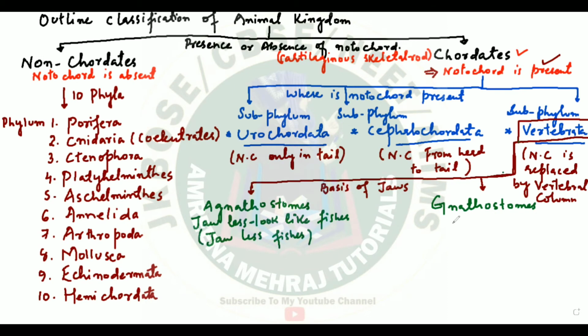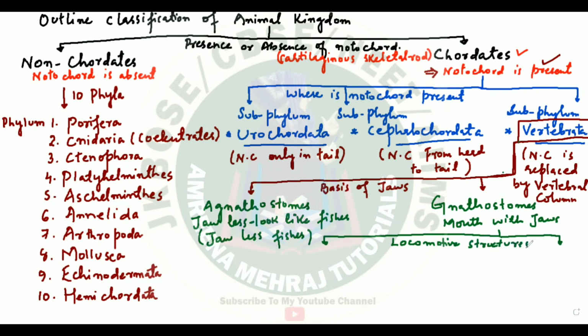Now, gnathostomes have a proper mouth. These animals have a mouth with jaws. You further divide them into two categories, based on the structures which they have for locomotion.